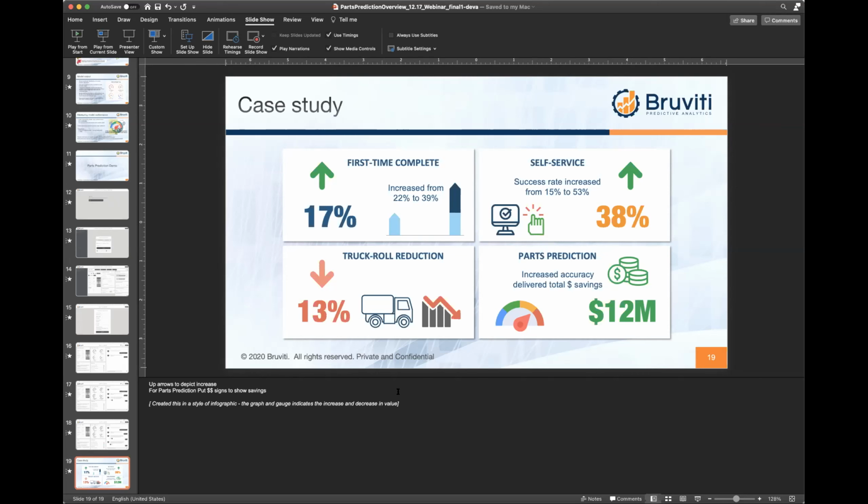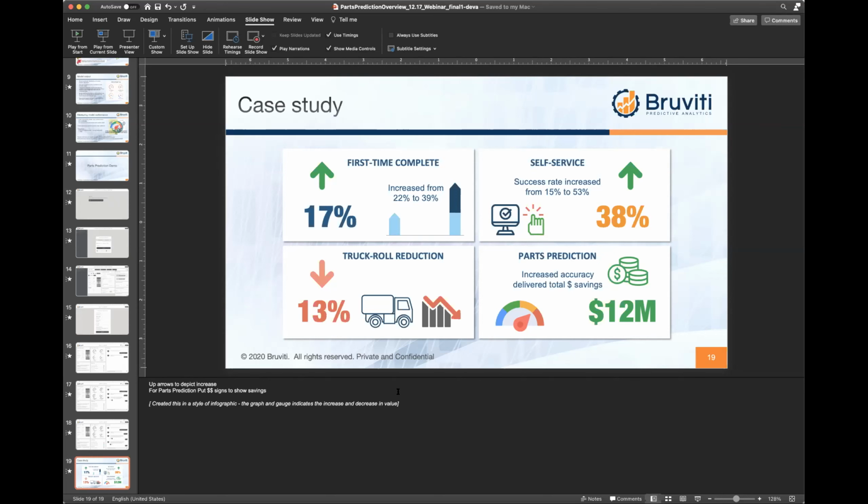I would like to add a little bit on this from a technical aspect. As Tom correctly pointed out, it's not required that parts prediction be used with other Bruvity products. From a proof of concept perspective, when people start working with us, Agent Assist and the other products may require some integration into your CRM, your call center, and so on.